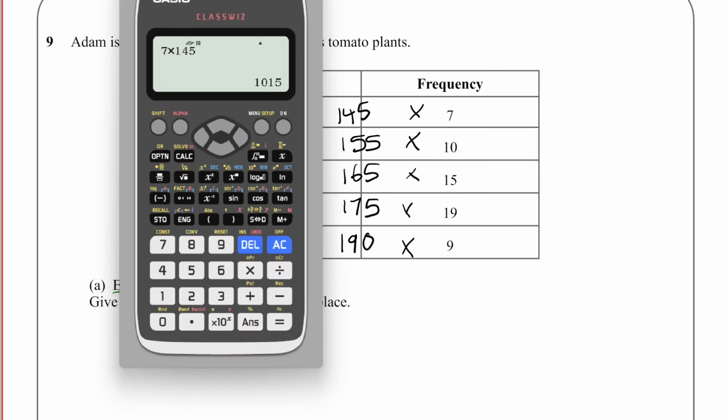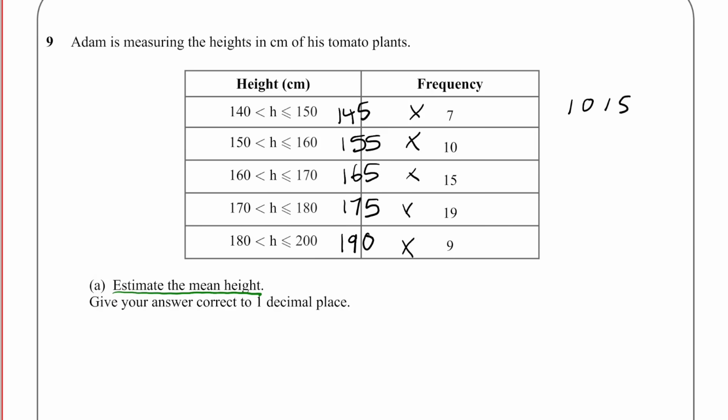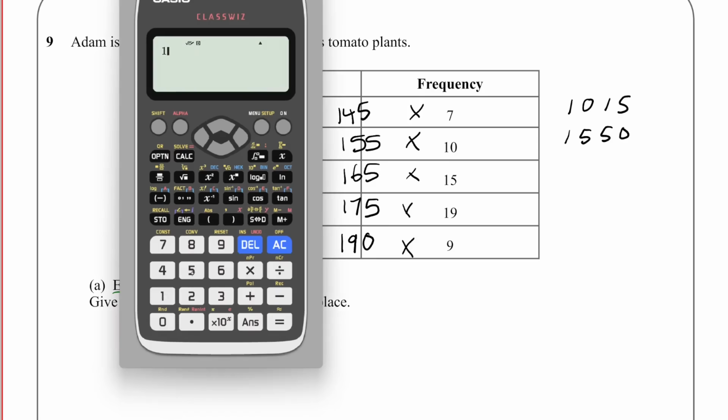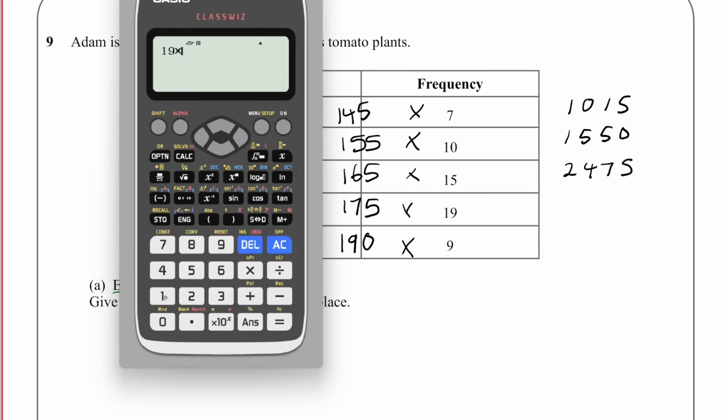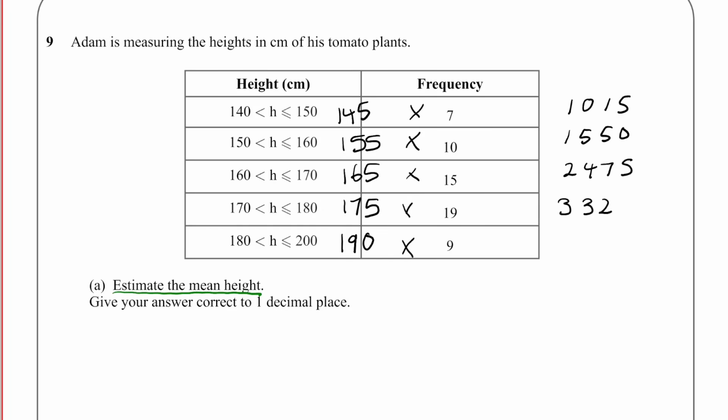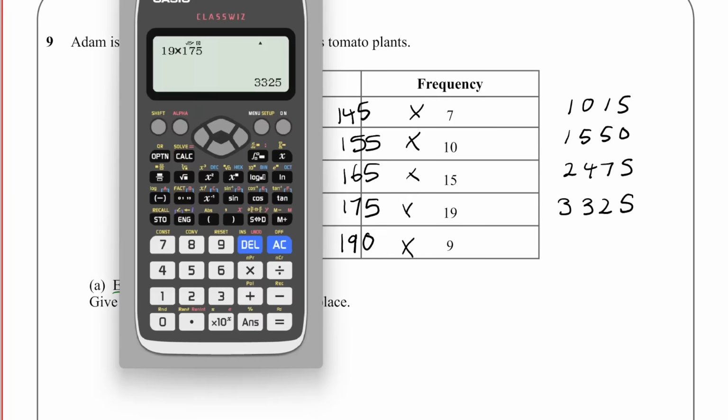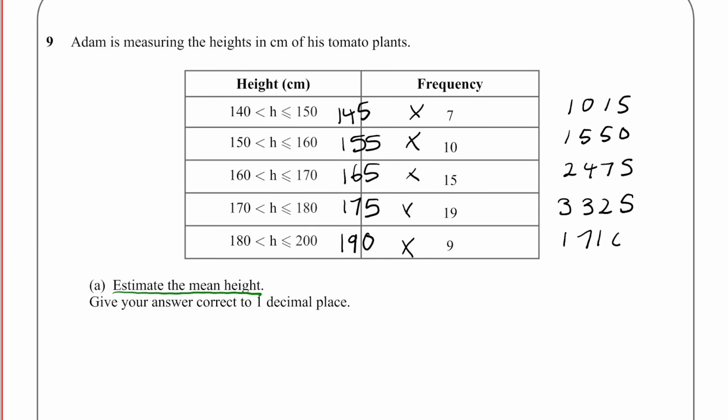And they add up to 1,015 centimeters. 10 155s will be 1,550 centimeters. 15 165s will be 2,475. 19 175s will be 3,325. And 9 190s will be 1,710 centimeters.